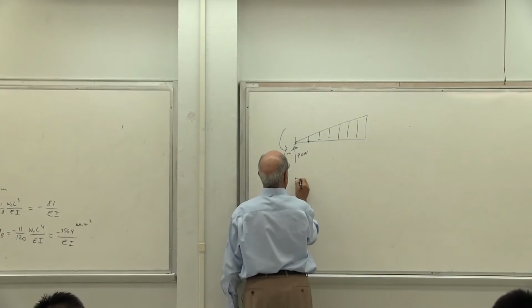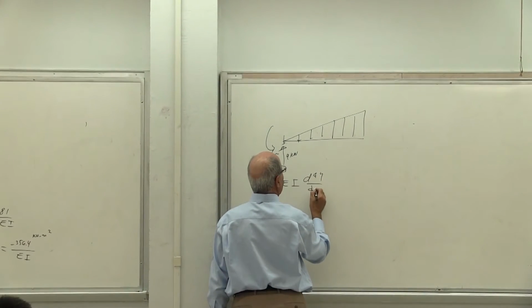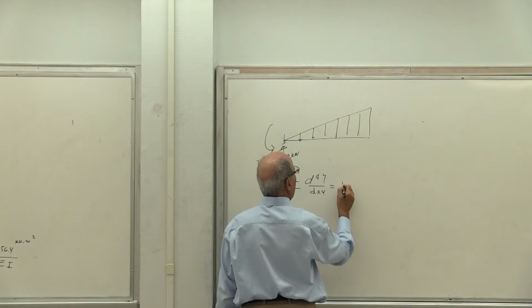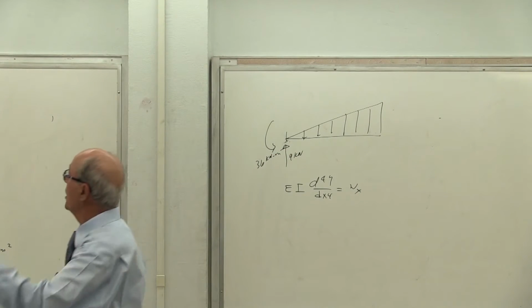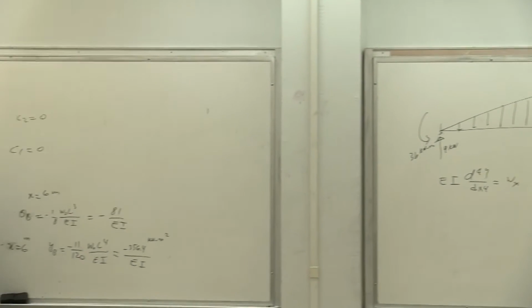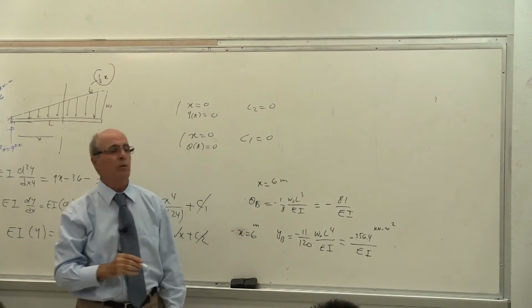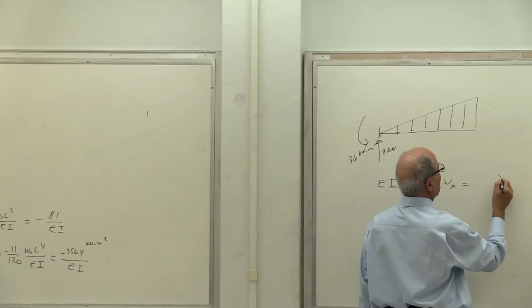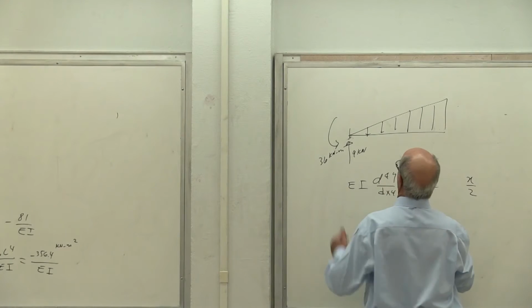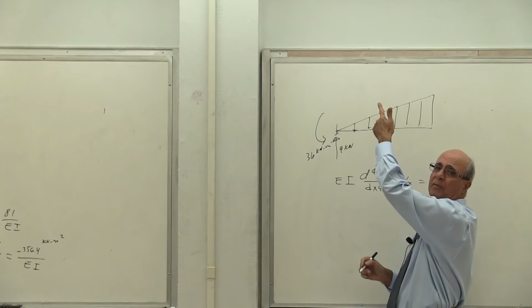All right, now let's start with that one. EI d4y over dx4 equal to W as a function of x. We already expressed that. What's W as a function of x? It is x over 2, except with one difference. You have to put x over 2, but notice, if x is positive, W becomes positive, yes or no?